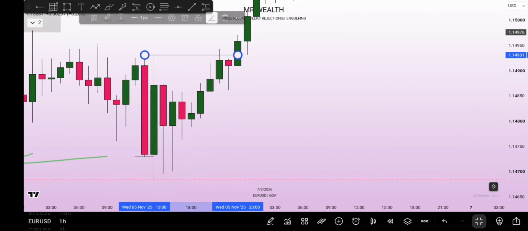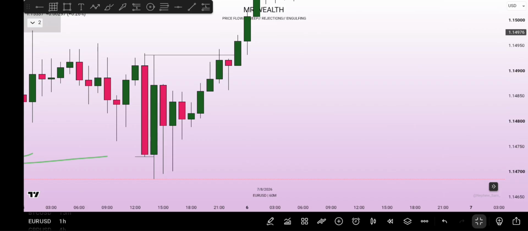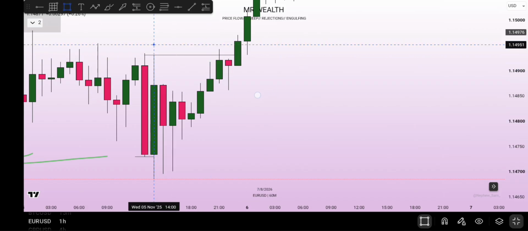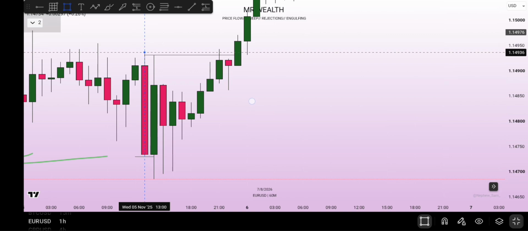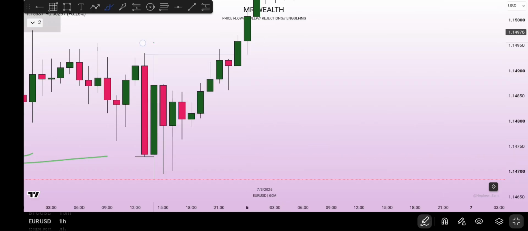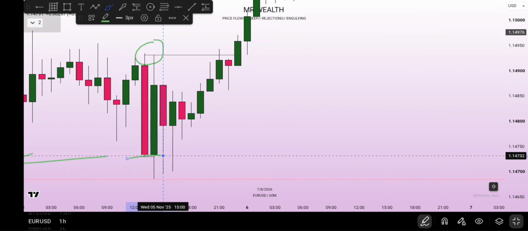So after the break in the body, what's next is just to set your entry at the high of the candle that was swept at the downside. Look at the high over there. This is the one that swept.